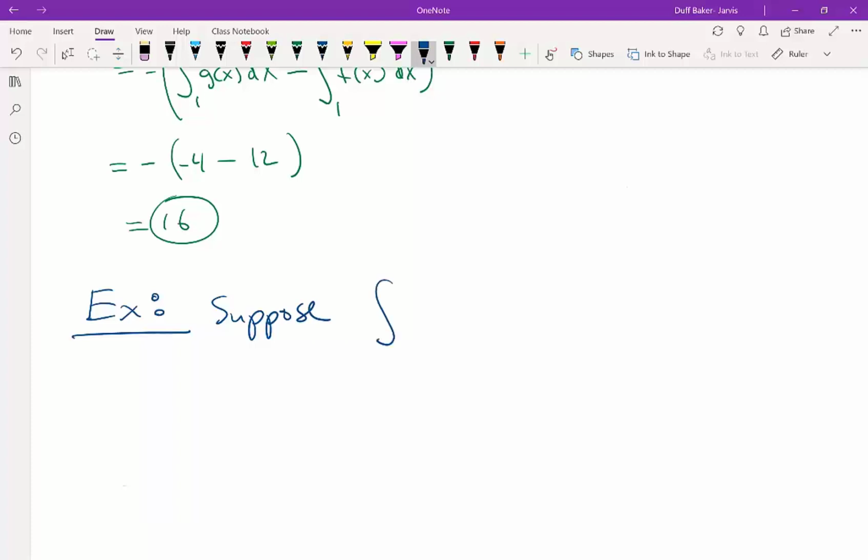Okay, so now suppose this time instead you know that this is true, that this area is 10.